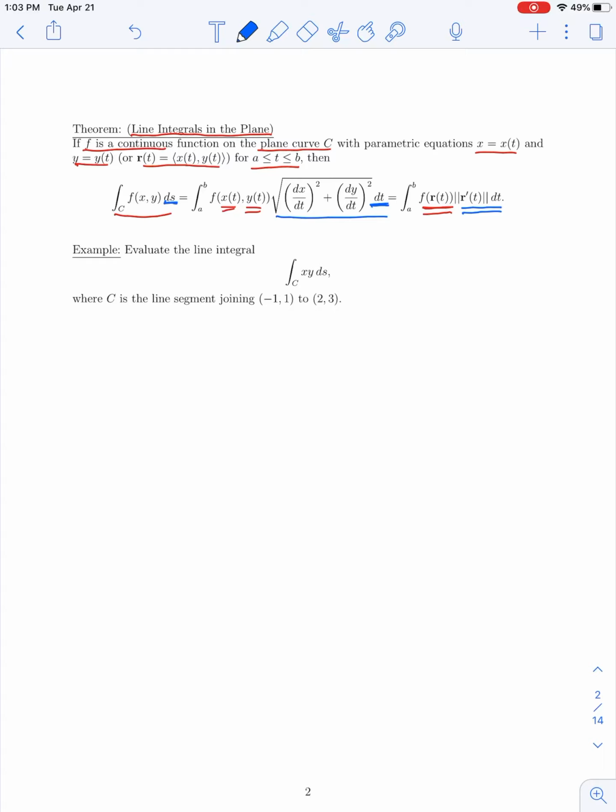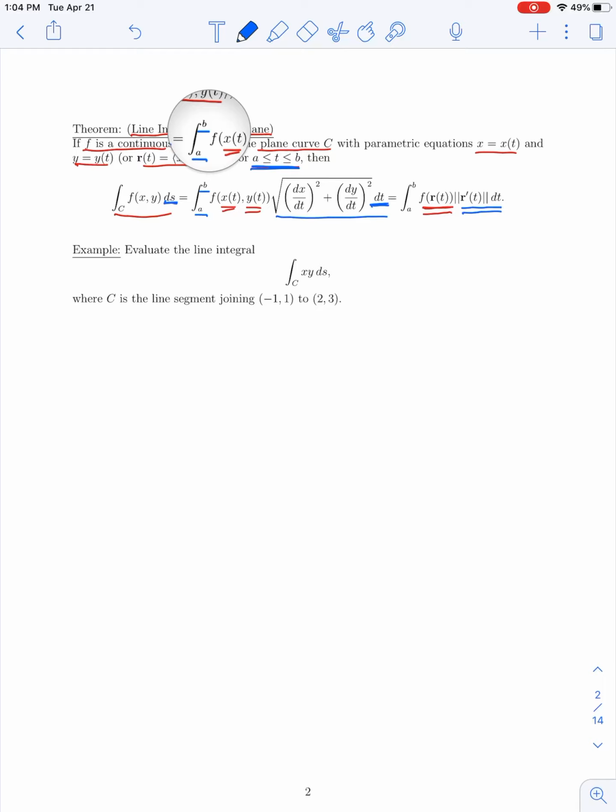So we're converting our arc length integral to an integral over the parameter t. And here, if our curve is defined for values of t from a to b, we're then integrating this expression over the t interval from a to b.